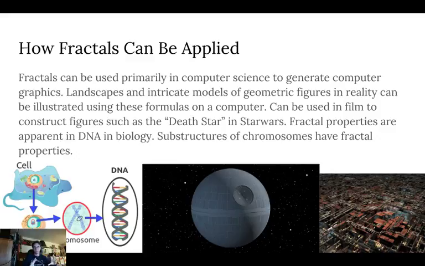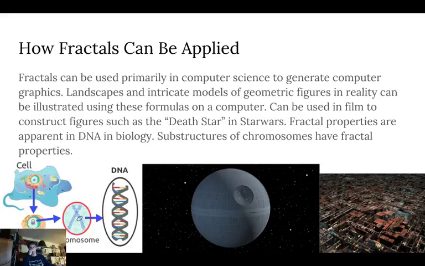But this is sort of what the basics of fractals are, that they can be used in a multitude of aspects of life. For film, for science, especially science. Scientists have had a better understanding, through the use of fractal geometry, of DNA, nucleic acids in biology, and the substructures of chromosomes that have been found to have fractal-like properties.